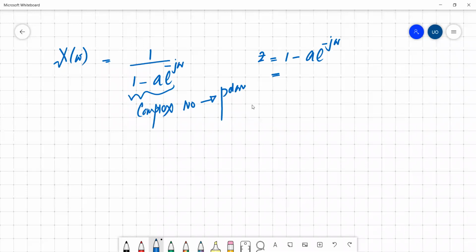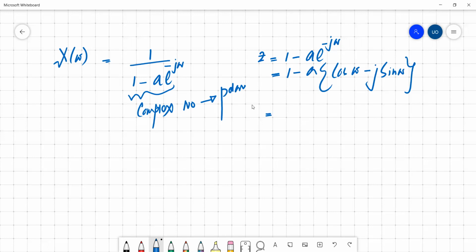First we represent it in proper Cartesian form. e to the power minus j omega can be converted by applying Euler's transform, so it becomes cos omega minus j sine omega.